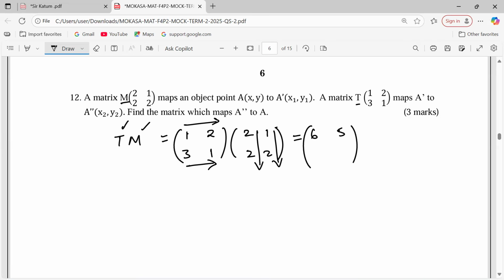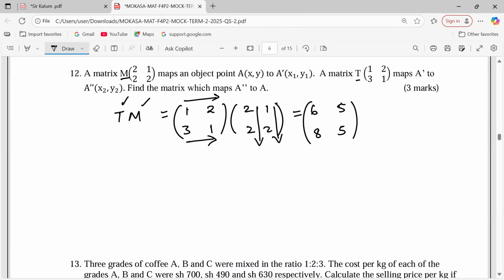So 3 times 2, 6. Then 1 by 2, 2. So giving us 6 plus 2, 8. Then again, the second row times the second column, 3 by 1 and 1 by 2. That is 3 plus 2, which is 5. So we have a matrix of transformation that represents the two of them. The matrix that represents the two of them is now as stated here.